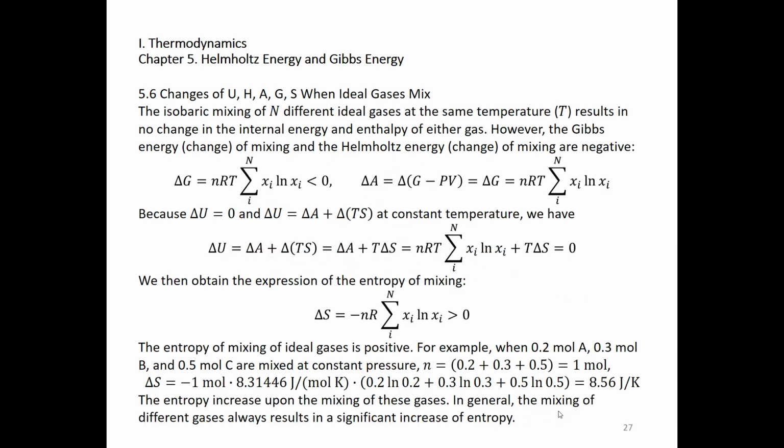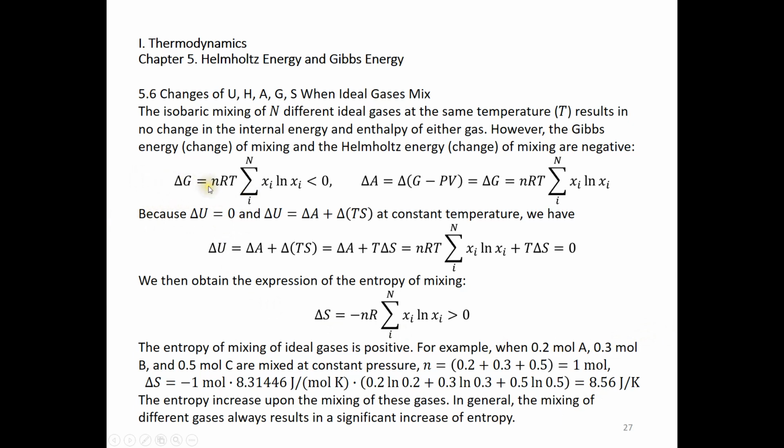The isobaric mixing of N different ideal gases at the same temperature results in no change in U and H. However, the Gibbs energy and the Helmholtz energy both decrease, and the change of A and the change of G are both negative. The equations are here.